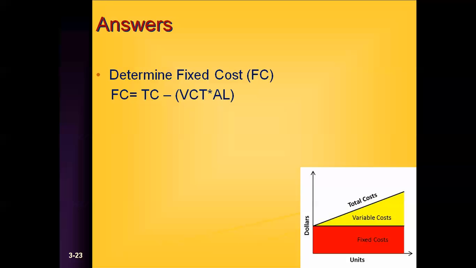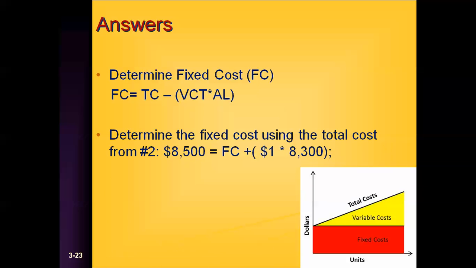Okay, so once we have that information, then we are able to determine fixed cost. And fixed cost, as we talked about, is total cost minus the variable component times activity level. So again, we have this data.